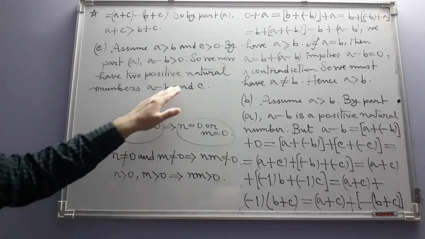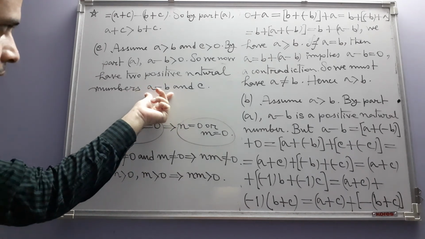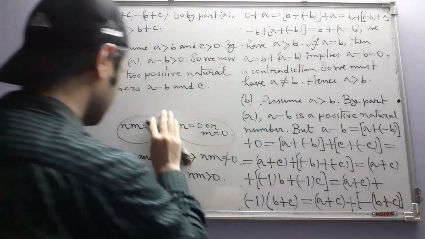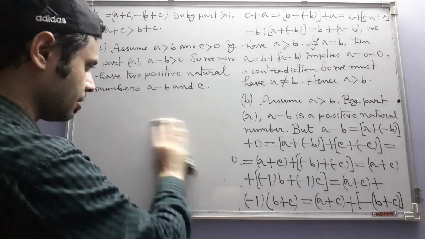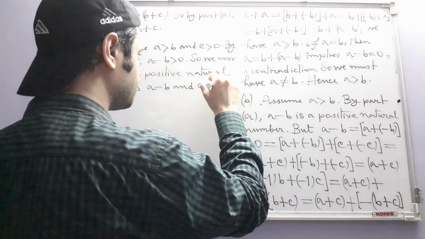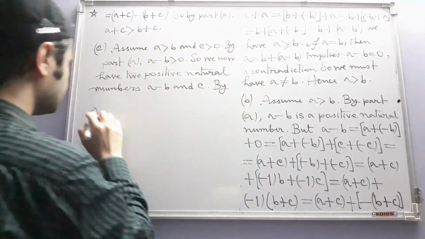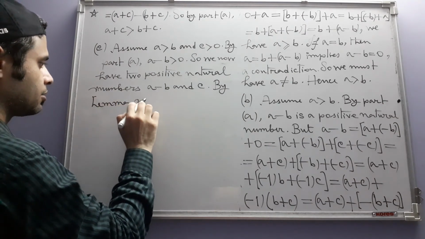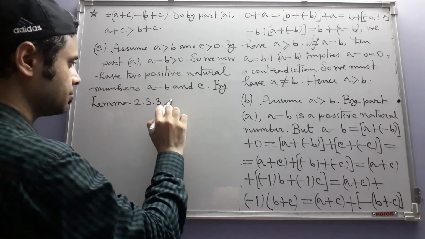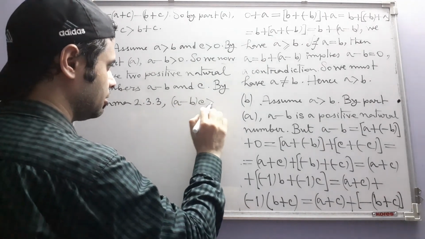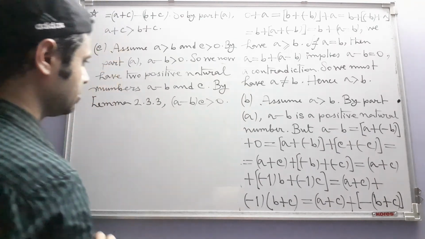That's what we are now going to use here, because they are positive natural numbers. So we can refer to that lemma itself. I hope I am getting the number right. By lemma 233, a minus b times c is greater than 0.